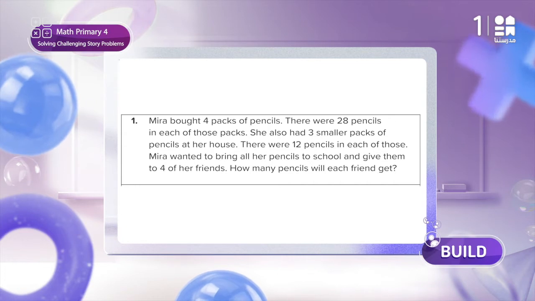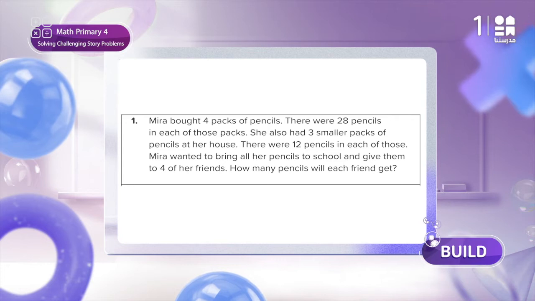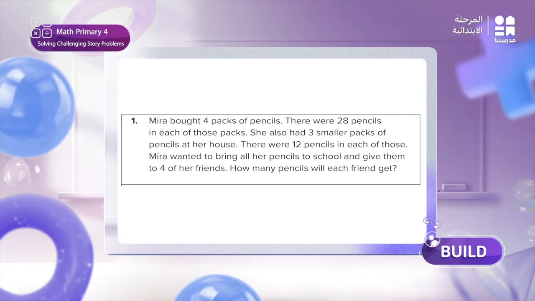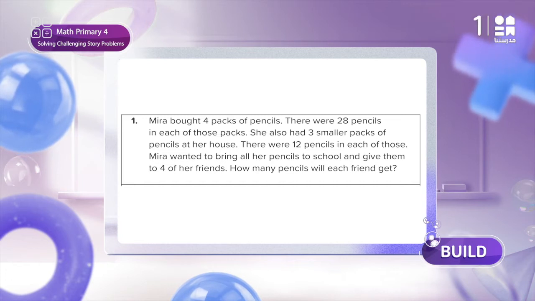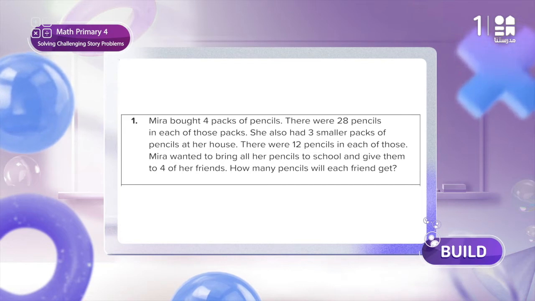There were 28 pencils in each of those packs. She also has 3 smaller packs of pencils at her house. There are 12 pencils in each of those. Now, Mira wanted to bring all her pencils to school and divide them among 4 of her friends.